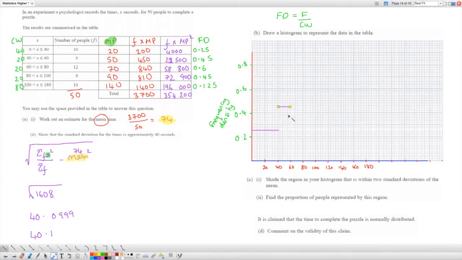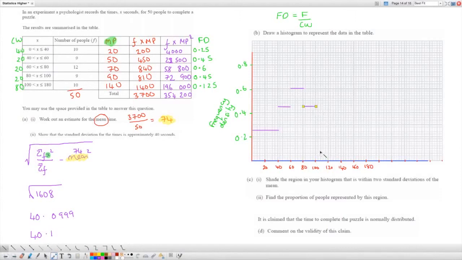So we have our horizontal bar across at this point here. I'm going to draw in our vertical lines in a moment. We then have our next bar, which is 0.6. Again, only 20 across, so just across there. And we go back down from 80 to 100, which is 0.45 again. So a further line across here.